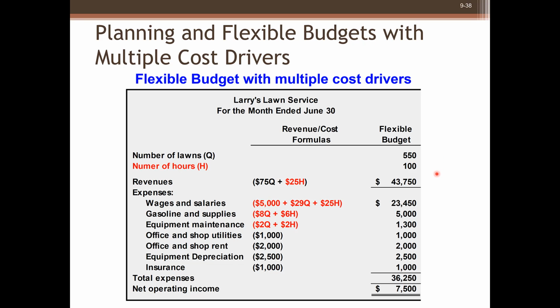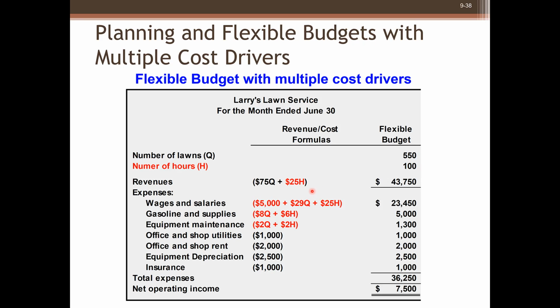Moving on to the flexible budget with two cost drivers. The flexible budget is based on the actual level of activity. Here, 550 lawns mowed with 100 hours spent on edging and trimming.